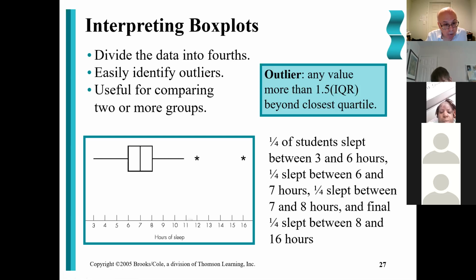How do I know? Because from 3 to 6 is 25%, from 6 to 7 is 25%, and from 7 to 8 is 25%. So therefore, from 3 to 8 is 75%. They typically ask questions like that on tests, right? You just have to understand that it's broken up into 4 quarters.